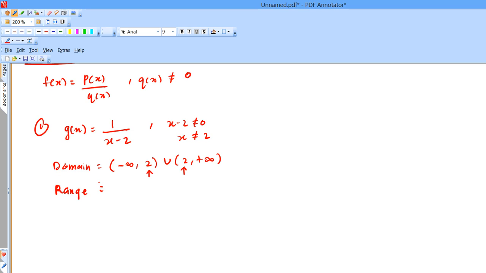But how to find the range? For a rational function, one way to find the range is by finding the domain of the inverse function. So we just get the inverse of this function. How to find the inverse? Let g(x) be y. So y equal to 1 over x minus 2.